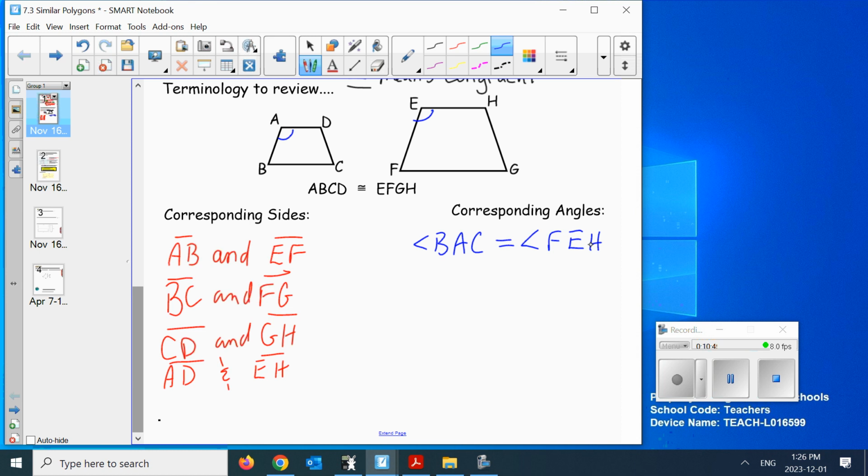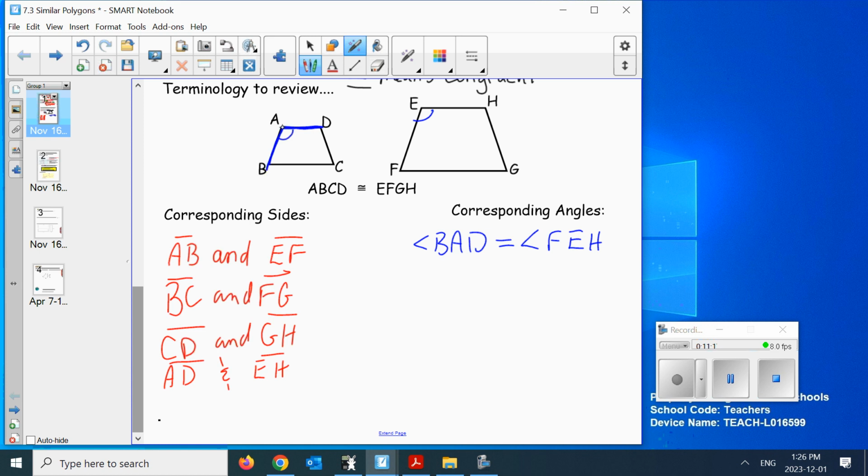Did I do that wrong? I totally did. I wasn't looking at the diagram when I did that. FEH is correct. They're the same angle, but we name it that way because you always put the vertex in the center, right?